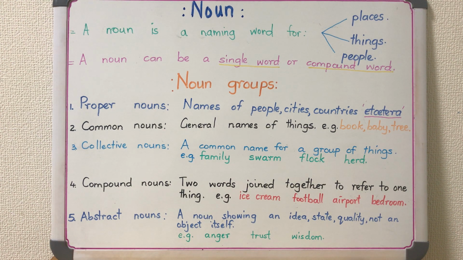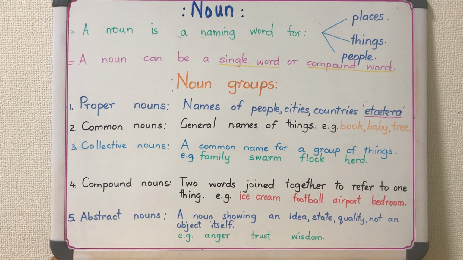Today we are looking at a noun or nouns, and by the end of this session you should be able to tell what a noun is, the kinds of nouns that we do have, and as you read around, quickly pick the nouns and slot them into their various groups.